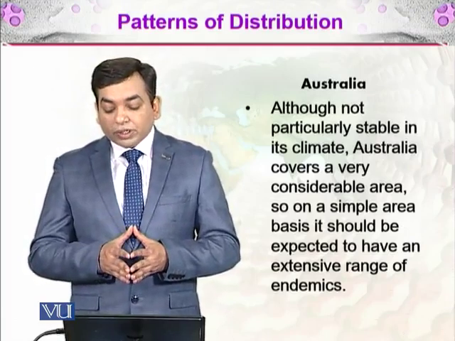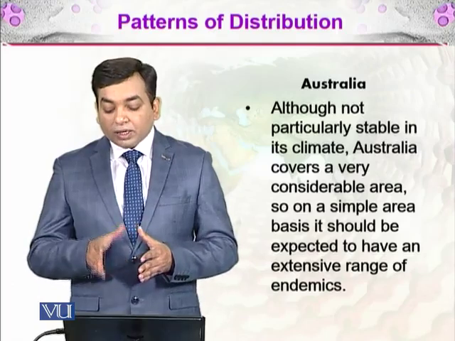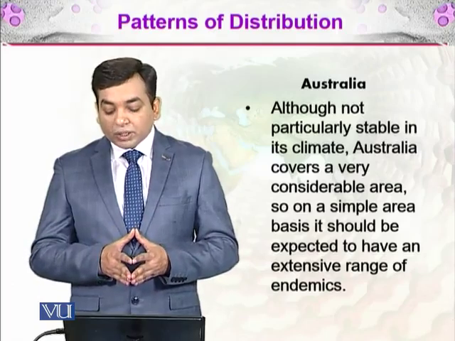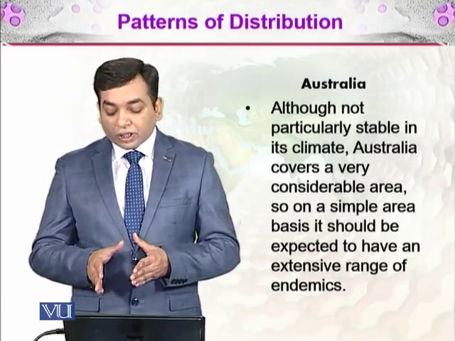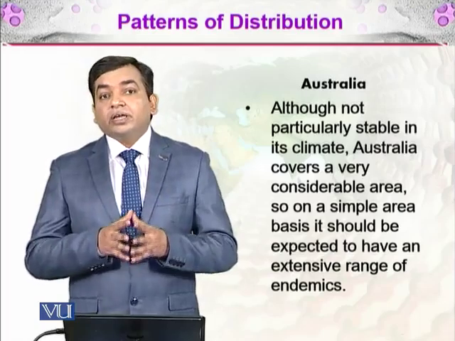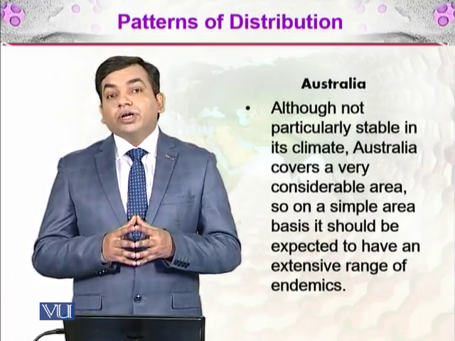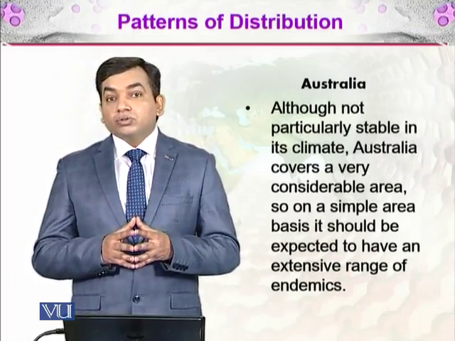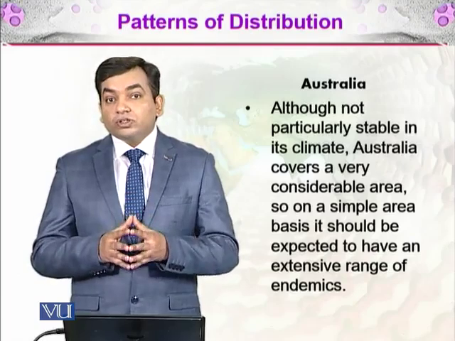Although not particularly stable in its climate, Australia covers a very considerable area. So on a simple area basis, it should be expected to have an extensive range of endemics. It is a very large continent and it contains a lot of endemic species. Although its weather or climate is not very stable, it still contains a range of endemics.